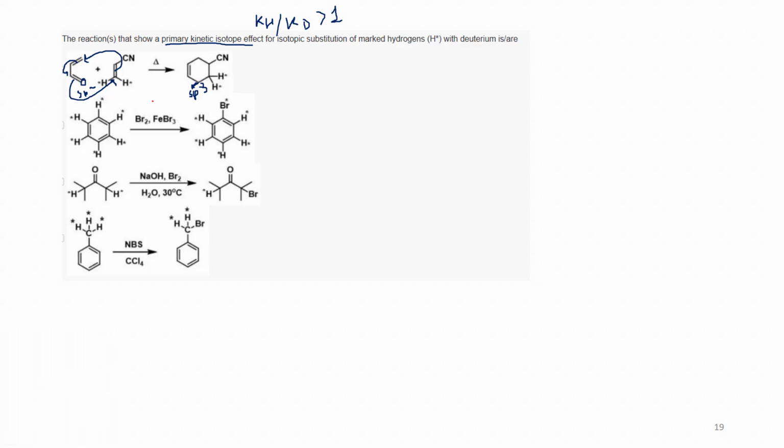Let's go to the next one. In this case, this is one kind of electrophilic substitution reaction. We have solved this earlier also when we were discussing electrophilic substitution. In case of a bromination reaction, what happens?